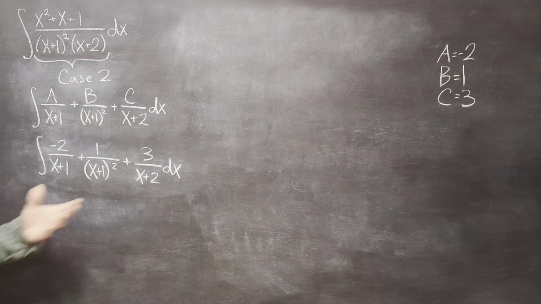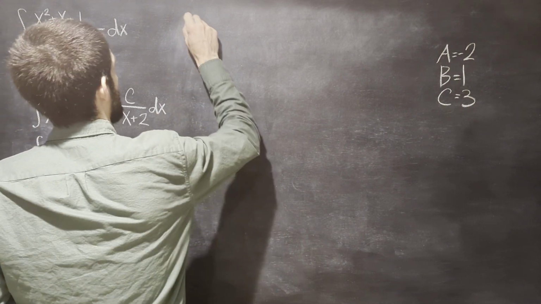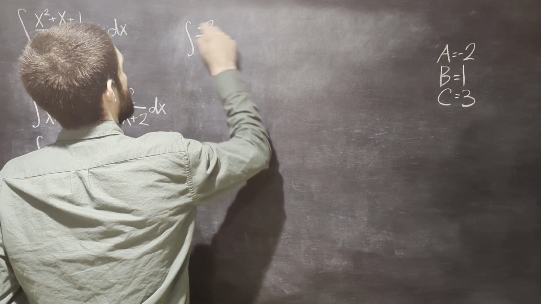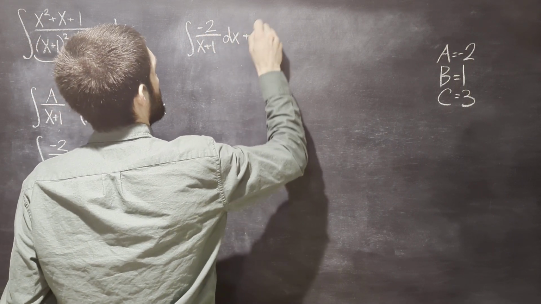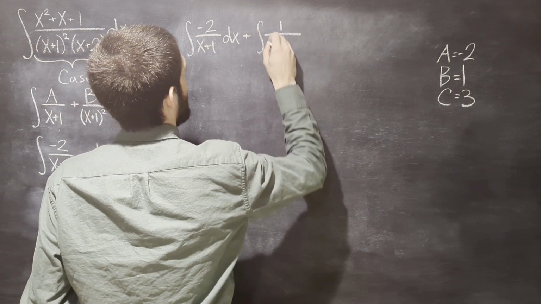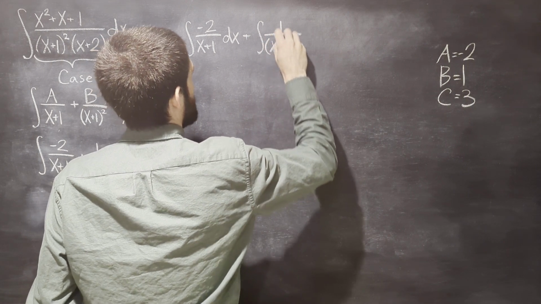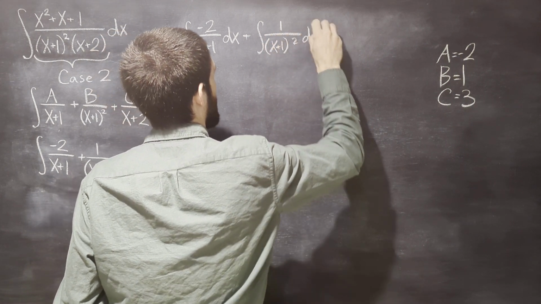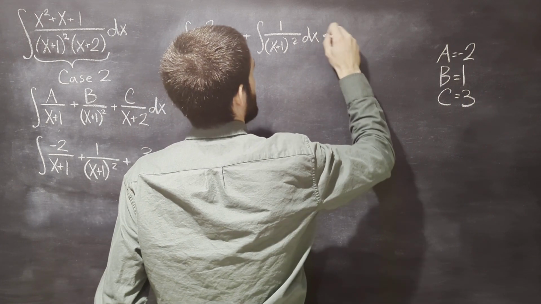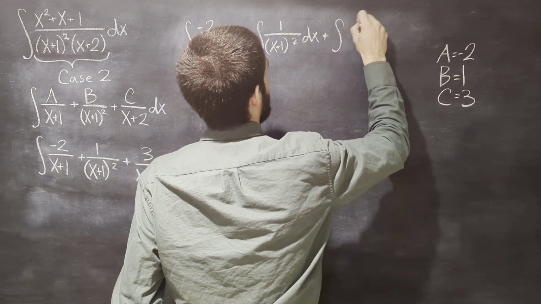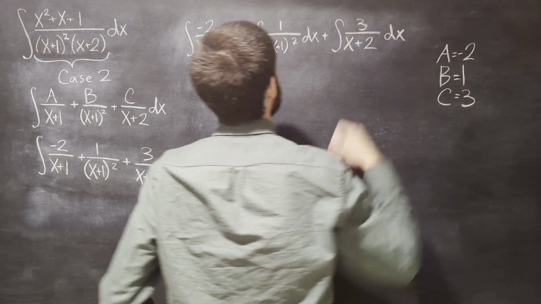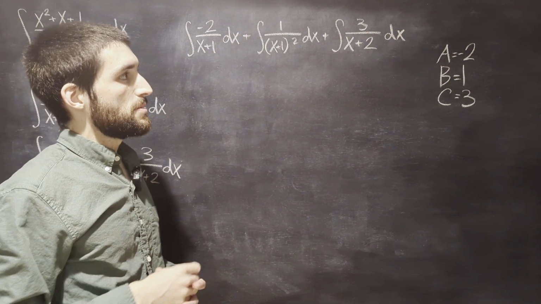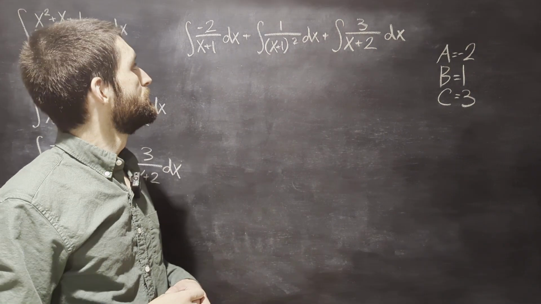This can be written as a sum of integrals, giving us the integral of -2 / (x + 1) dx plus the integral of 1 / (x + 1)² dx plus the integral of 3 / (x + 2) dx. Each of these can be integrated using u substitution.